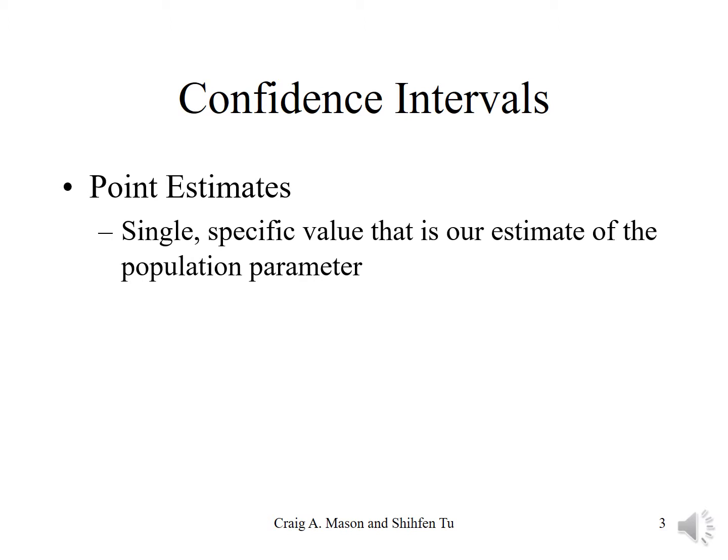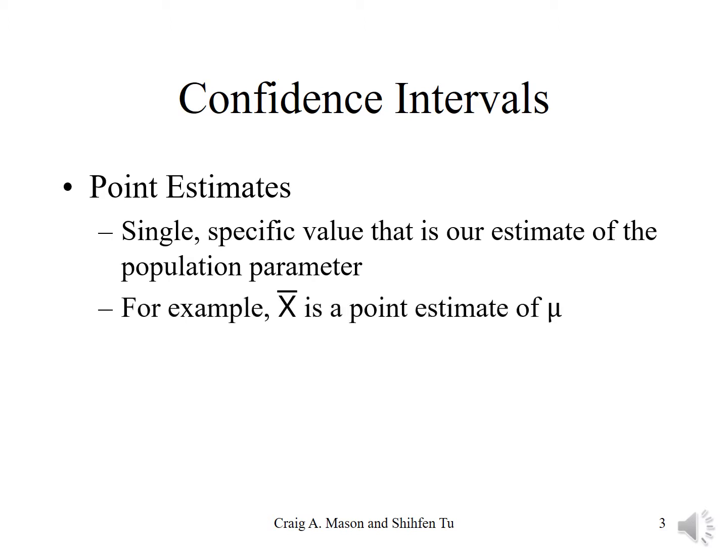In this case, our point estimate for the population average mu is our sample average x bar. But we have other point estimates, such as the lowercase s for sigma, the population standard deviation. Now, obviously, the average from our sample, 530, isn't going to be exactly equal to the true population average.